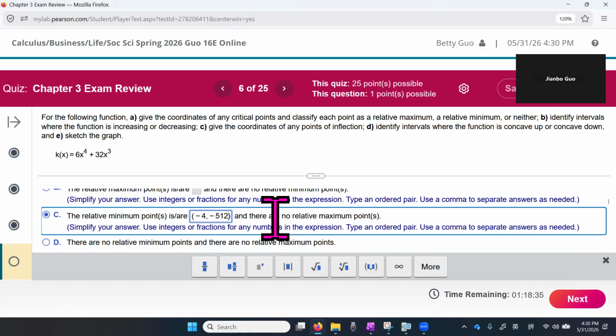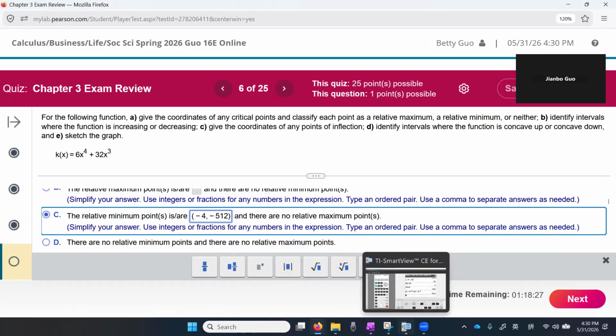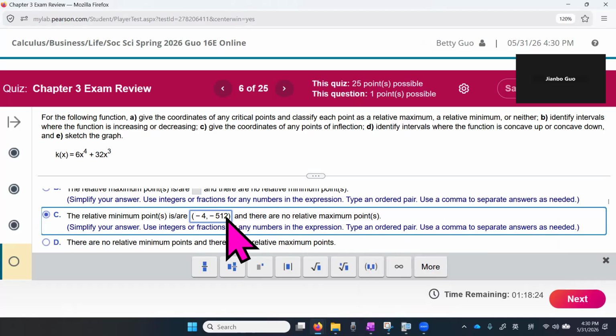Yeah, you can make the job a lot easier if you use a graphing calculator. So negative 4, negative 512. Okay, that's the first part.